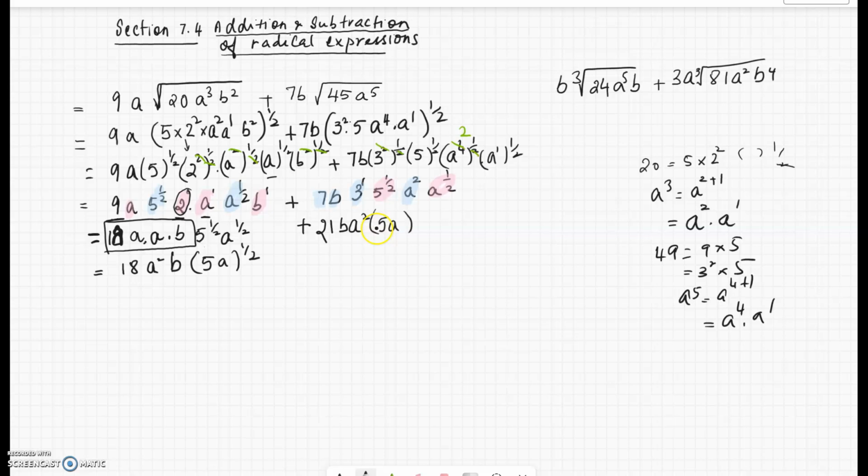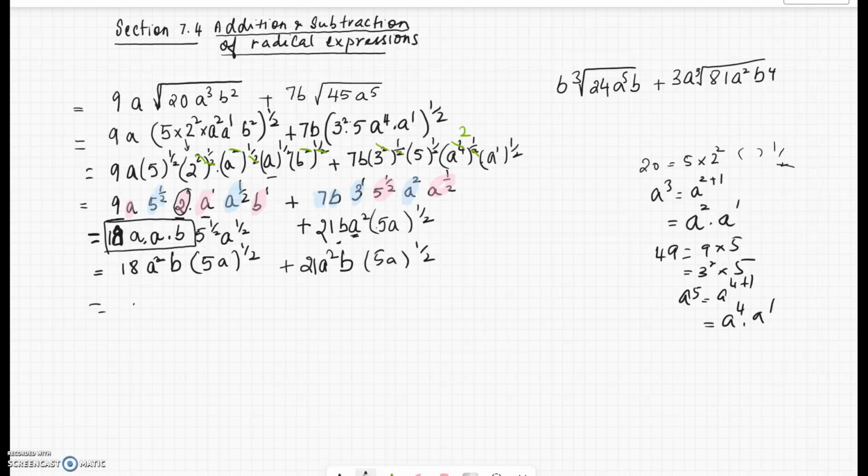So this is equal to 5a to the half. So this is 18a squared b plus 21a squared b. So that's 21a squared b. So I'm writing it in the correct order. And then it's 5a to the half.